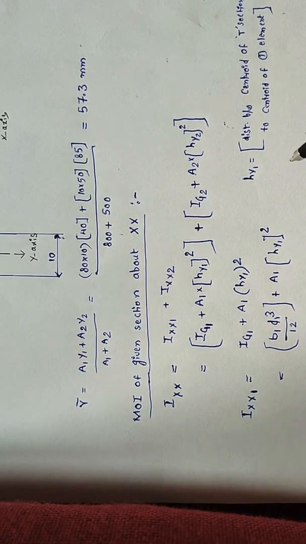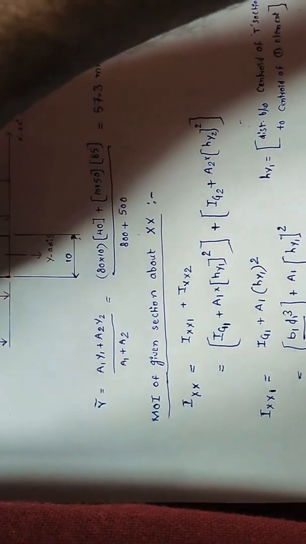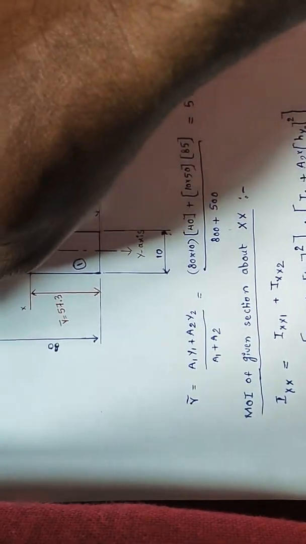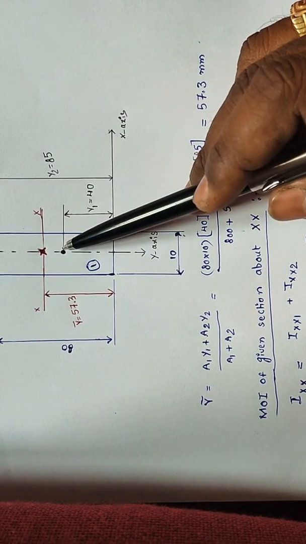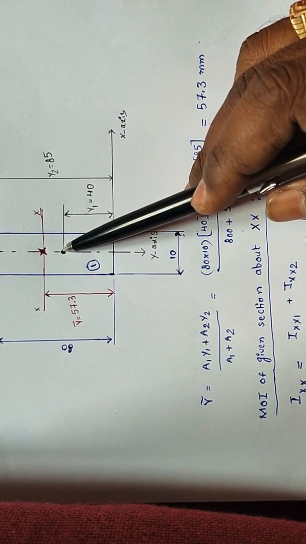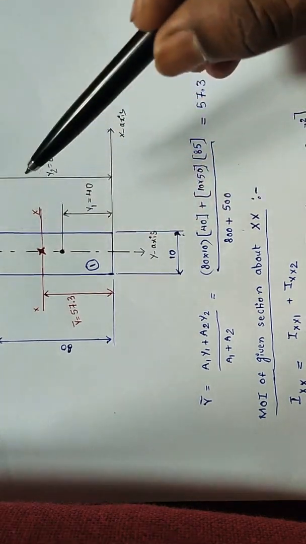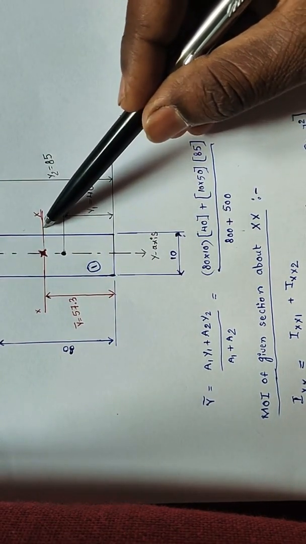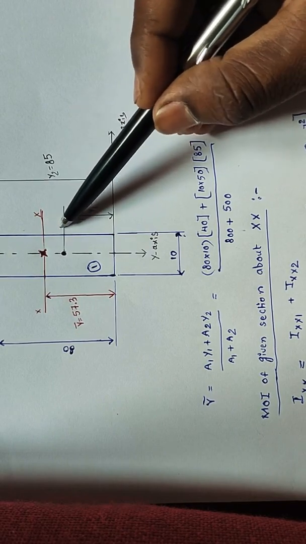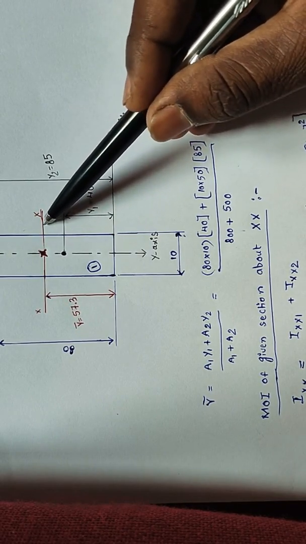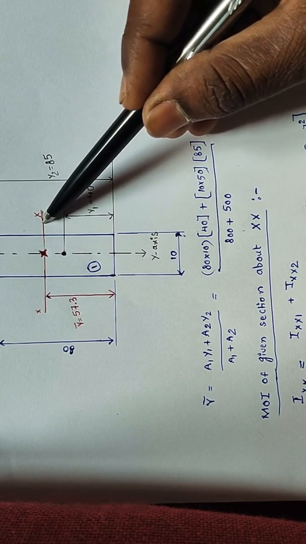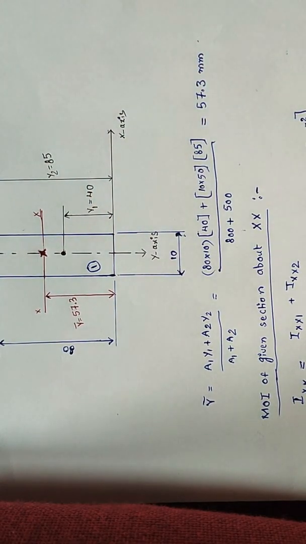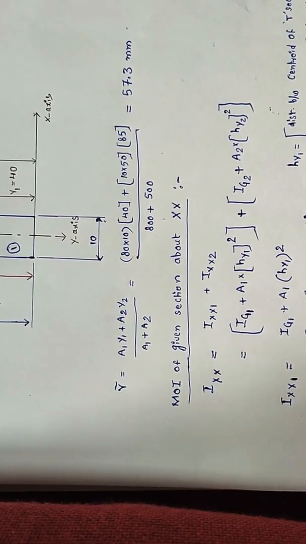So the centroid of the T section is here and the centroid of the first element is here. The difference between these two is the distance between those two centroidal axes, here hy1. So along the y-axis we are measuring the distance. That's why we are mentioning it with the letter hy1.